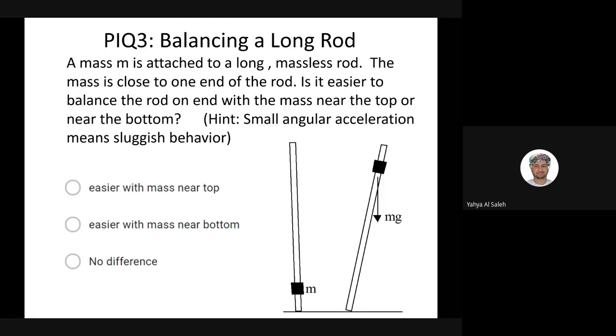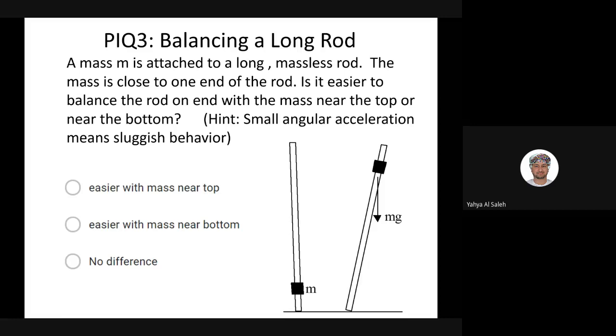Let's consider this. A mass M is attached to a long massless rod. The mass is close to one end of the rod. Is it easier to balance the rod on end with the mass near the top or near the bottom? When is it easier to balance?